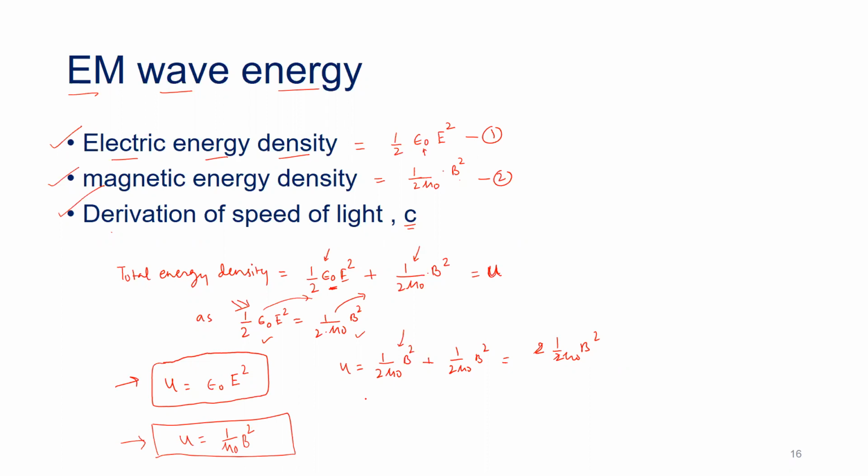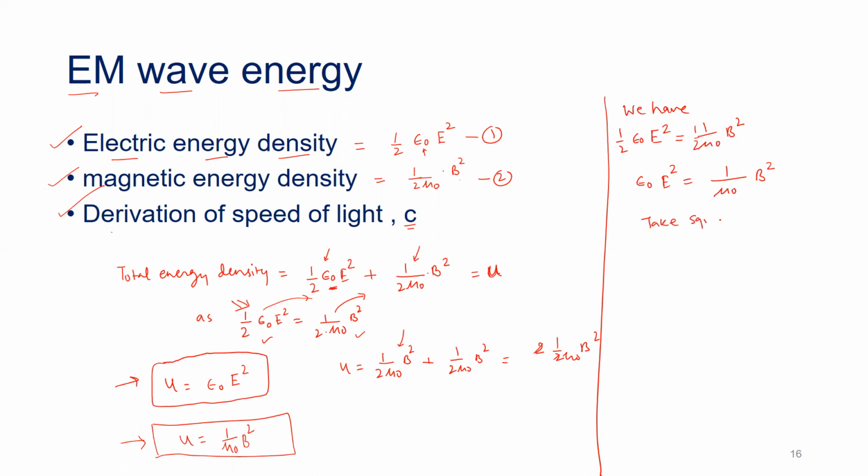Okay. So now we know that epsilon naught times E square is equal to 1 by mu naught times B square, with a 1 by 2 on both sides. We multiply both sides with 2, so we get 1 over mu naught times B square, and we take the square root of both sides.